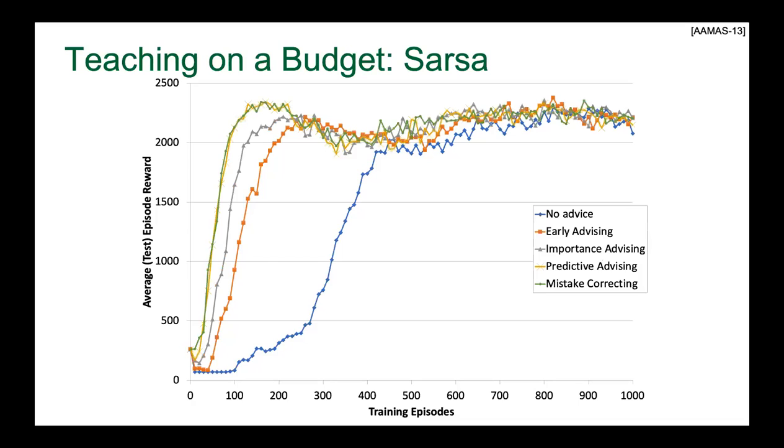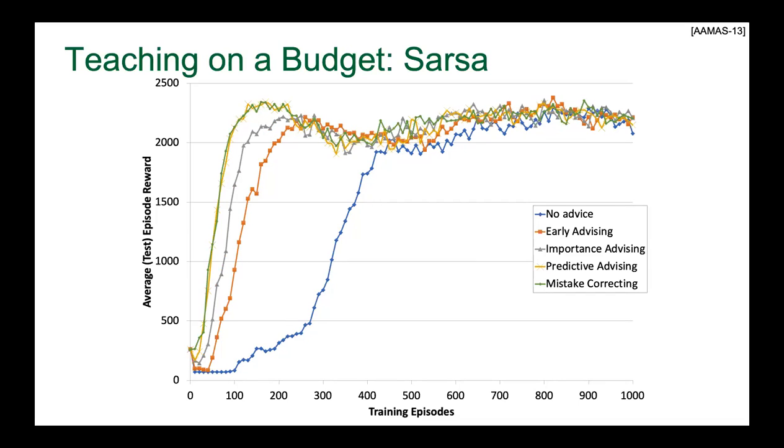And then the other 3 curves, importance advising, instead of giving all of the advice at the beginning, if I give it in an important state, that helps. If I do mistake correcting, I do better. And it turns out in this case, the teacher's model of the student was good enough that predictive advising does as well as mistake correcting.